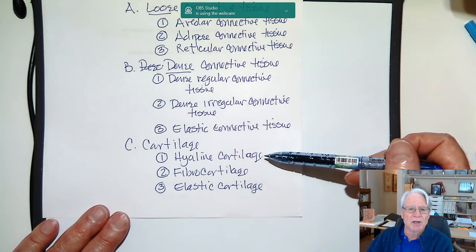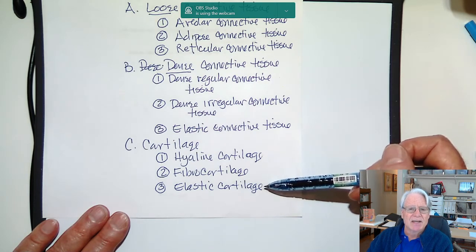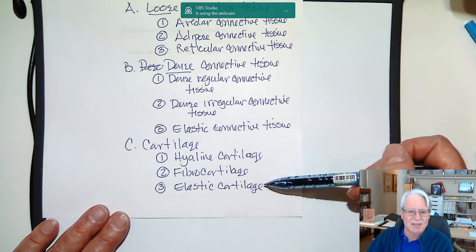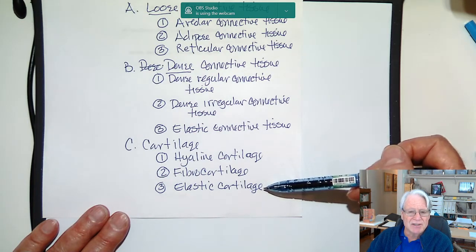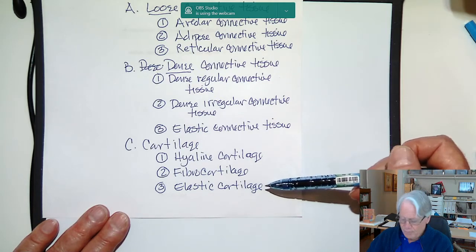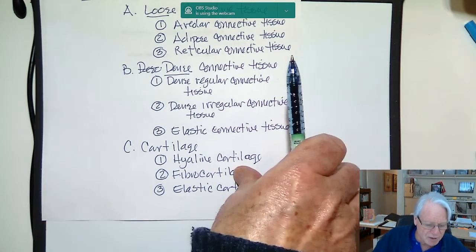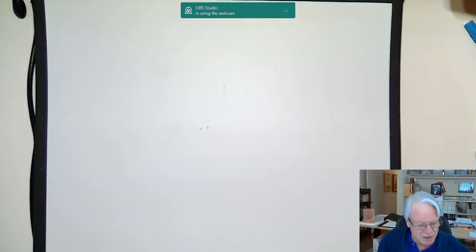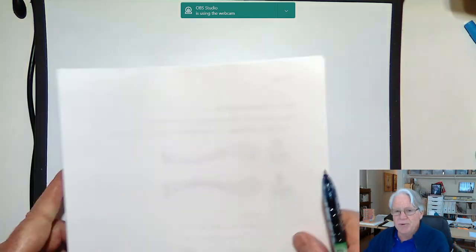So we go from low density to high density, and from all three different types of fibers to a lot of elastic fibers. And once again, the same ground substance, but we get a completely different type of cartilage here. Okay, so that kind of gives you a sense of how all of these connective tissues are related to one another, and the common thread.